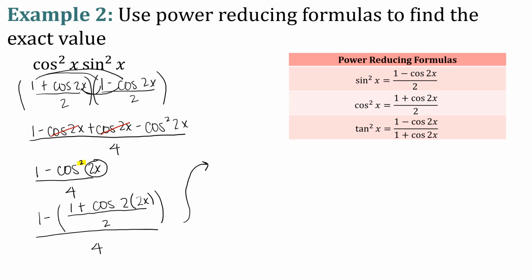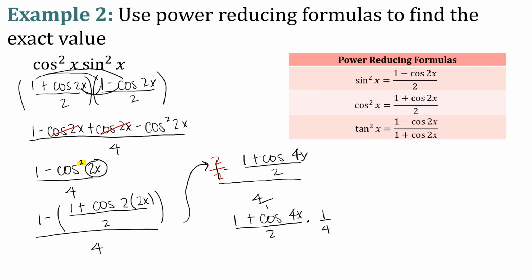So now we have 1 minus 1 plus cosine of 4x all over 2, divided by 4. So let's rewrite this right here as 2 over 2. So 2 minus 1 is 1 plus cosine of 4x all over 2 times, this is 4 over 1, right? 1 over 4.